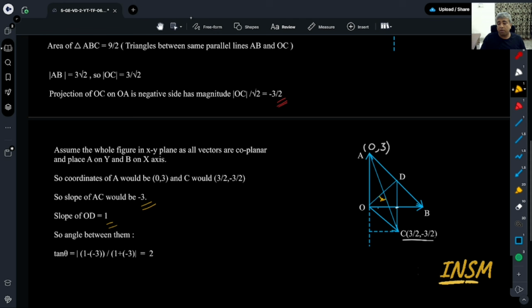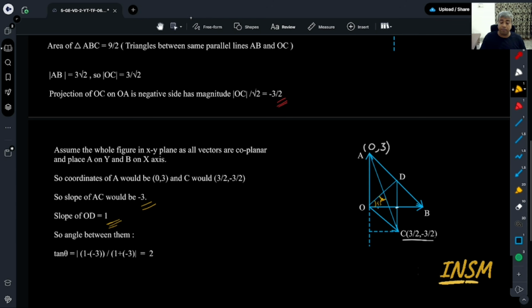Why? Because if we complete this parallelogram, D would be the midpoint of AB. So this line goes from the origin at 45 degrees, and the slope of OD is 1.